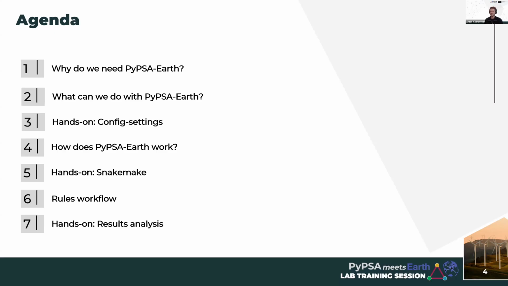And then you will do some hands-on about Snakemake with Eddy. You will get an overview over the rules, and then in the end, we will analyze some results and see what we can get with our solved networks. Perfect. Let's dive right into it.